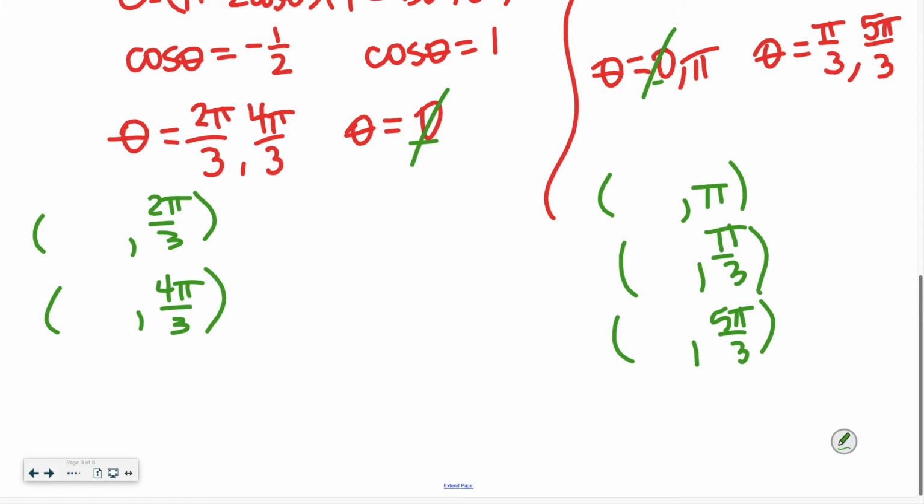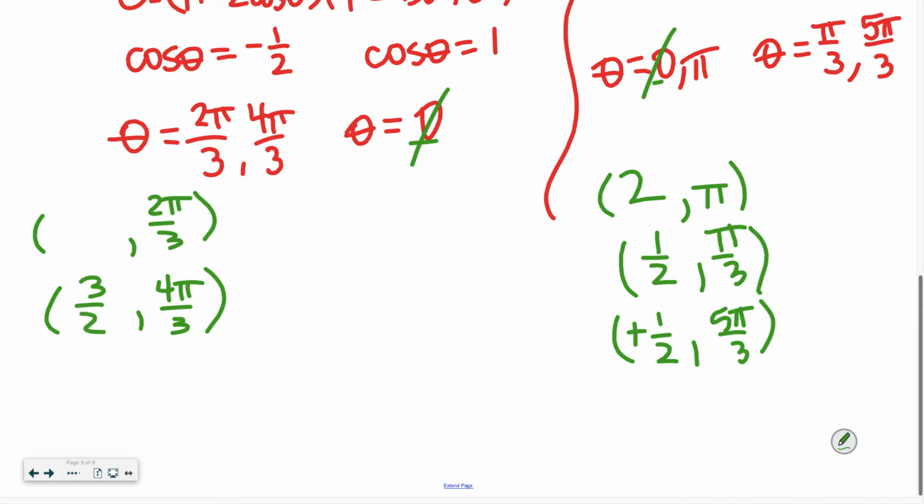So 2 pi over 3, we have cosine of 2 pi over 3. We got negative 1/2 for the last one, so that's 1.5. Is that right? Wait, that's not right. Isn't it positive? It's positive 1/2. Yeah, 3 over 2.